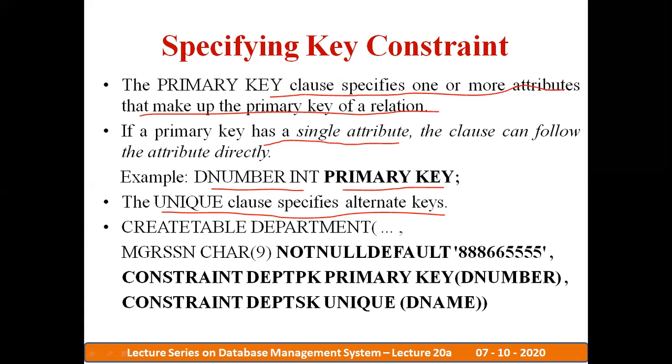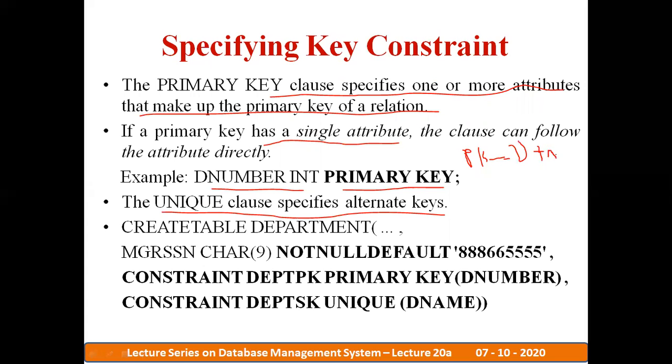Whereas if I define it as a primary key, the primary key will have unique plus not null. So that means, simply, if I write it as PRIMARY KEY, then primary key equals UNIQUE and also NOT NULL.